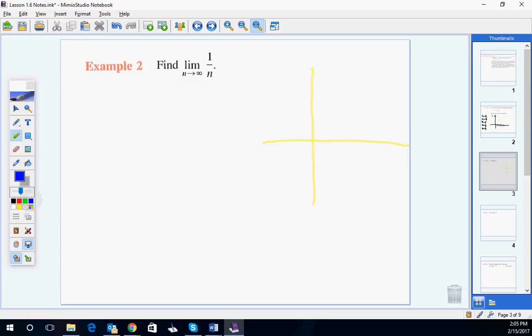Plug in some points. What's 1 over 1? Okay, so there's 1 point. 1 over 2, 1 over 3, 1 over 4, so that thing's doing like that, right? 1/3, 1/4, 1/5, 1/6, 1/7, 1/8. Never going to get to 0 though, right?